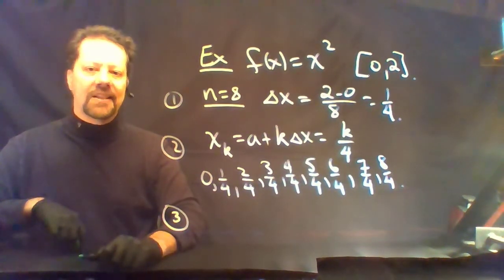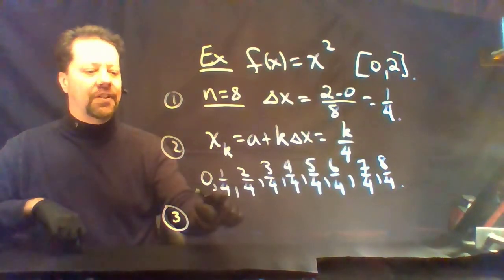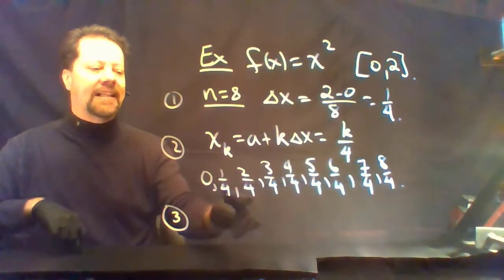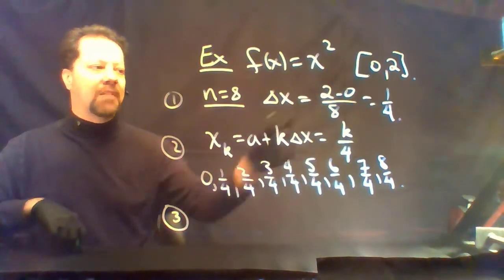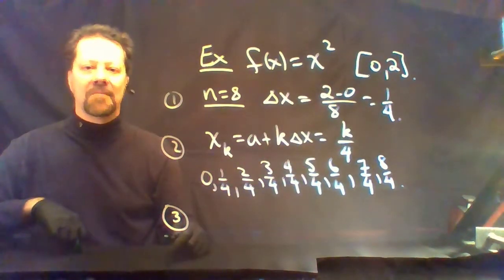Lastly, we estimate the area by taking the function value, evaluating at the right-hand endpoints. That means squaring them, and then multiplying by delta x.